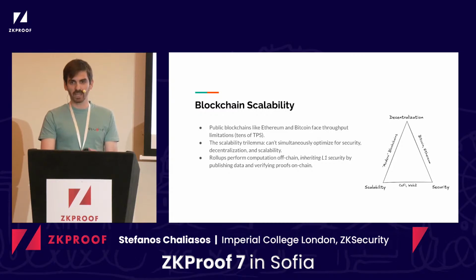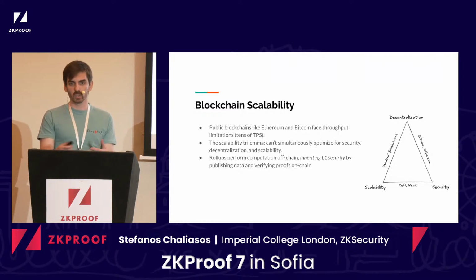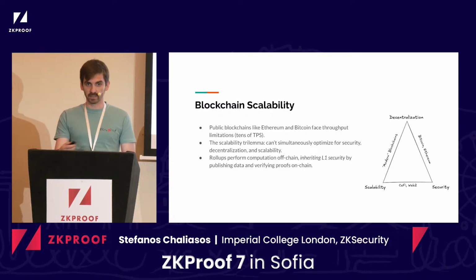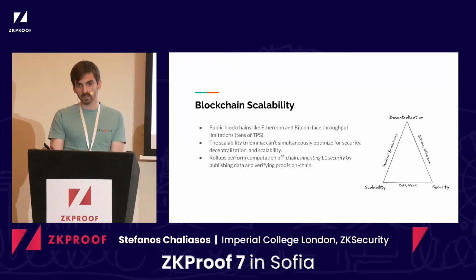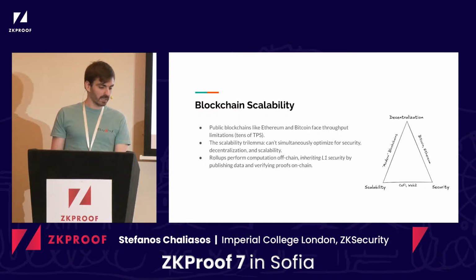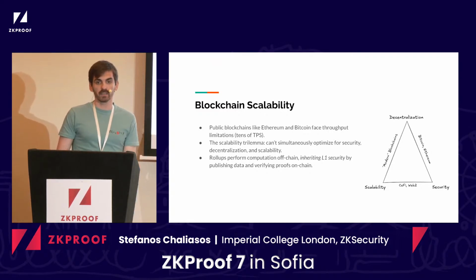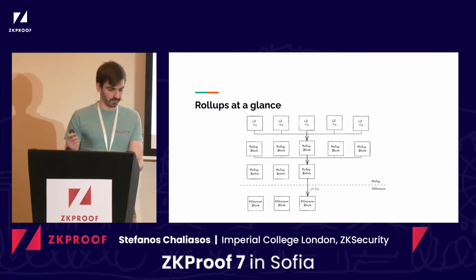Maybe it's outdated, maybe there are better L1s that can solve scalability, but for blockchains like Ethereum, we build layer 2 blockchains that are basically completely independent blockchains that perform all the computation off-chain, meaning in the layer 2, and they claim that they inherit security by publishing data on an L1 and verifying the correctness of the execution of L2 transactions in the L1.